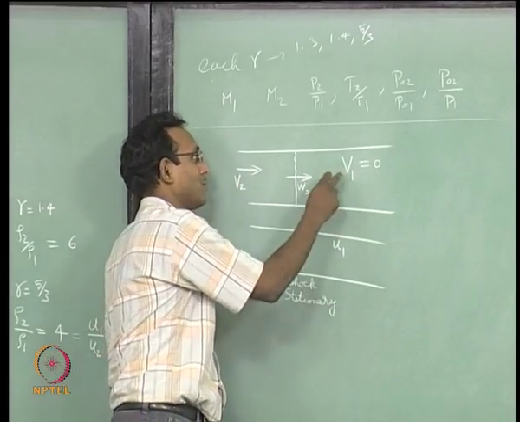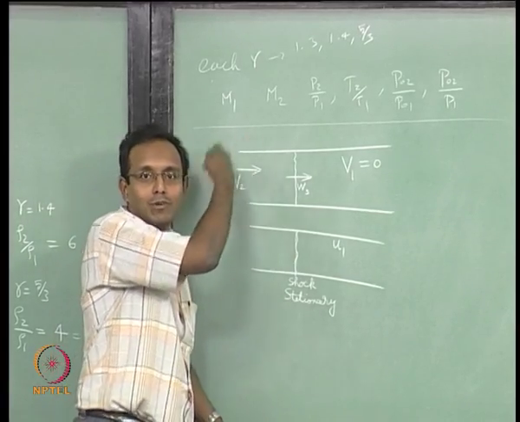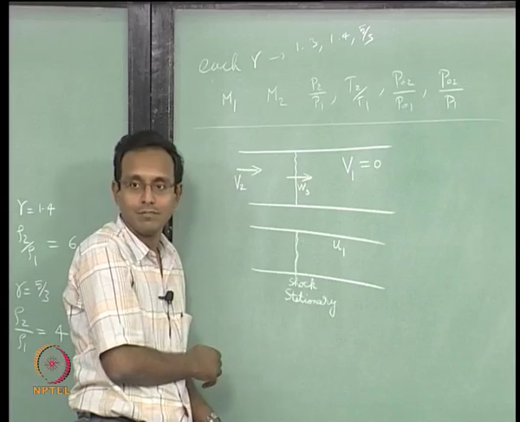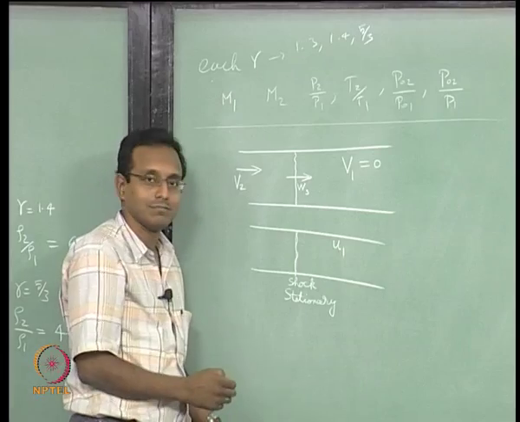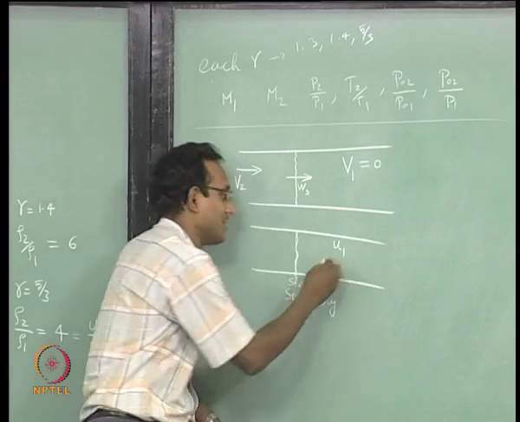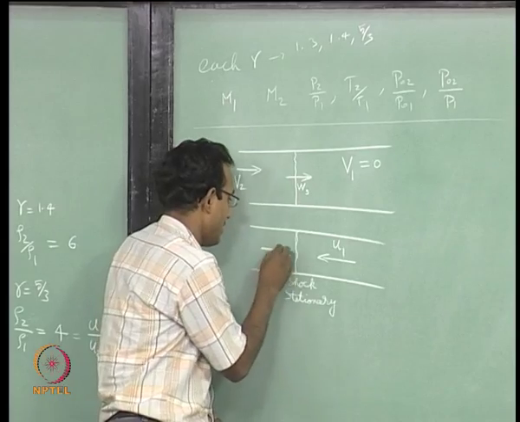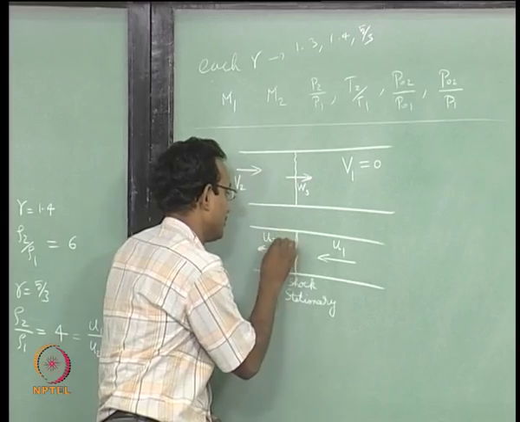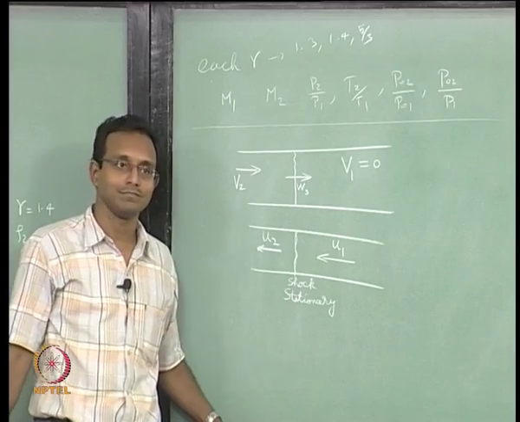So, that is this case, I am keeping v1, v2 as velocities in the reference frame with respect to the lab or ground, and this one is with respect to the shock. Maybe the shock itself is moving currently, all I know is I am sitting on the shock, and because of that I am going to see some velocity incoming this way, I call that u1, and from all the analysis of the last few weeks we are going to get this to be u2, and it is less than that value, we know all this already.